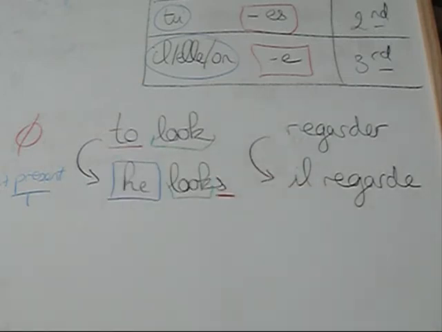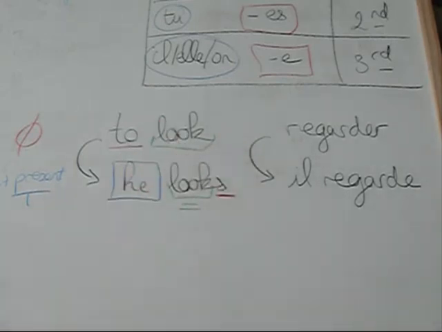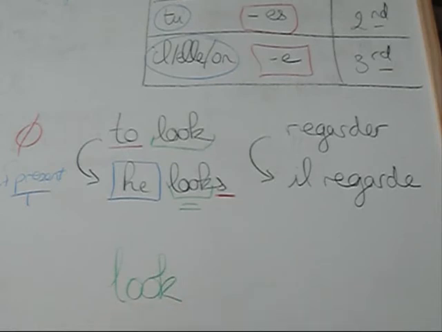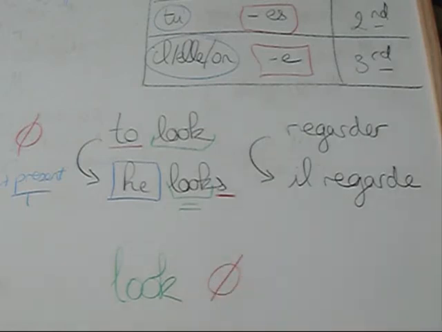It's basically like balancing a chemical equation, if you've done a bit of that in science, or balancing a mathematical equation, really. So if you pretend that your green verb root is the equal sign, say look is basically equal, and say to start with, there is no context. Because there is no context, we put to in front of it.